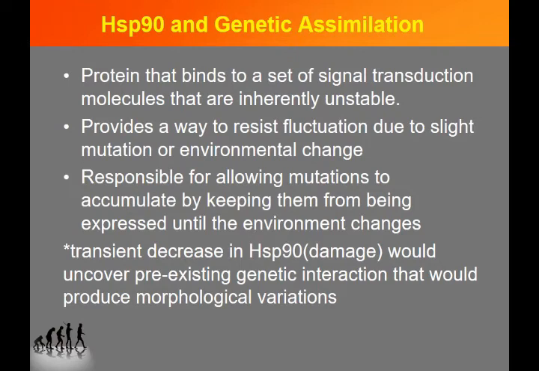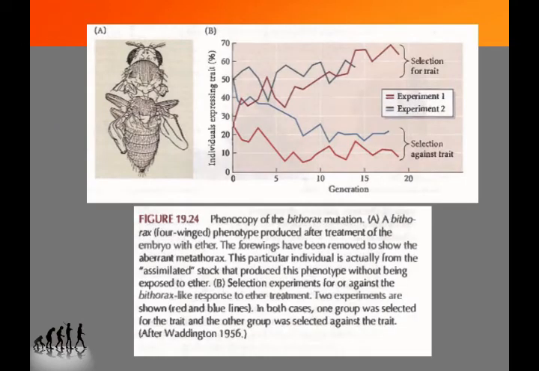morphological variations. In this slide, we can see the picture of the phenocopy of the bithorax mutation in Drosophila. Picture A is a bithorax phenotype produced after treatment of the embryo with ether, and the forewings have been removed to show the aberrant metathorax.